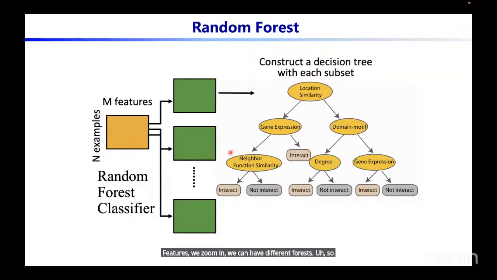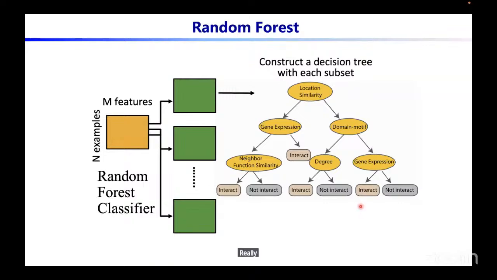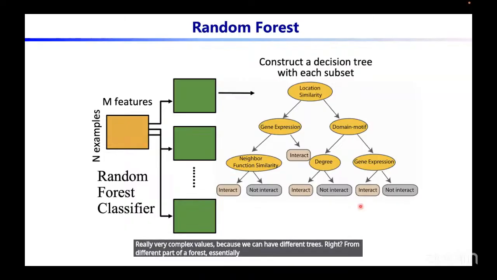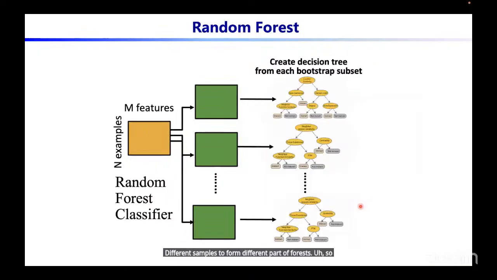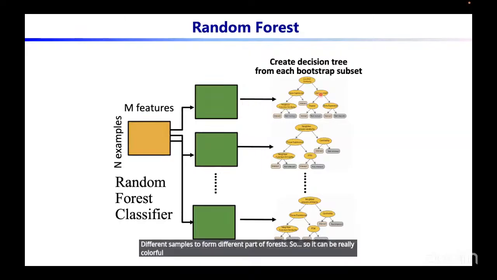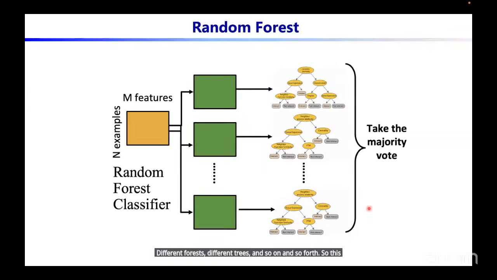A random forest can be really very complex because we can have different trees forming different parts of forests. We can have different samples to form different parts of forests. So it can be really colorful: different forests, different trees, and so on and so forth.